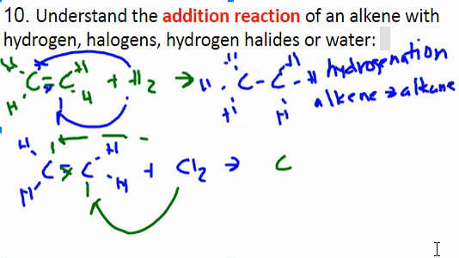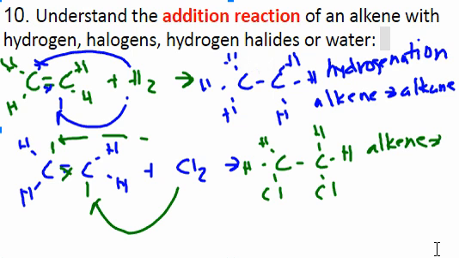And I have CH2Cl, CH2Cl, or what would be called, I go from an alkene, and this is going to be a dihalogeno alkane because there's 2 chlorine atoms on there.